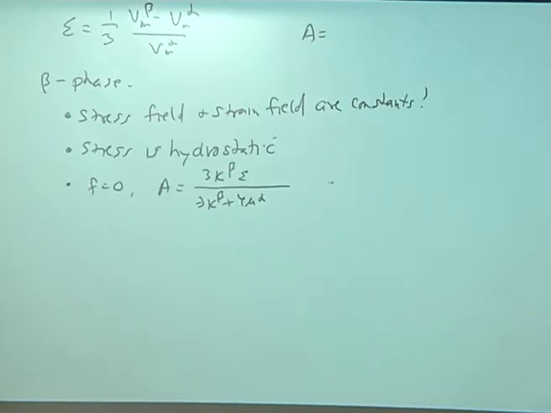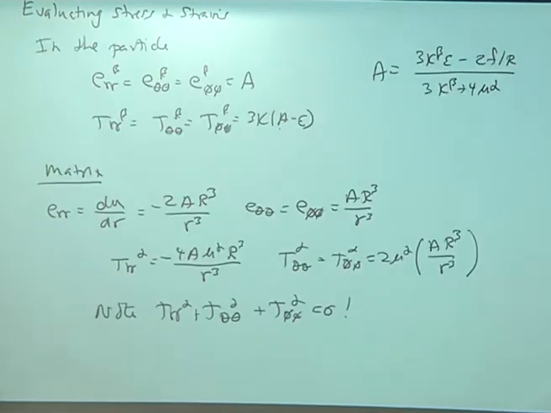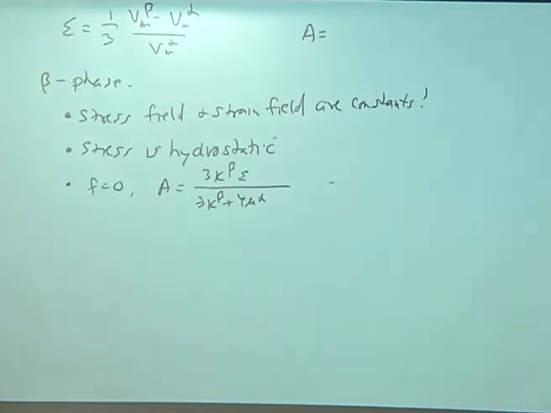So the strains inside are related to both A and epsilon, and you can see that A is negative, and the term involving A is positive. That's negative.